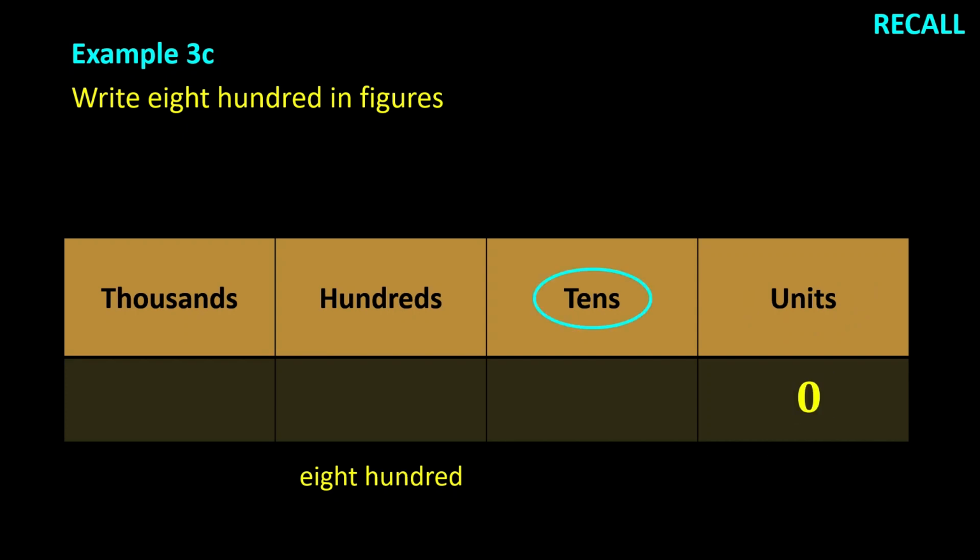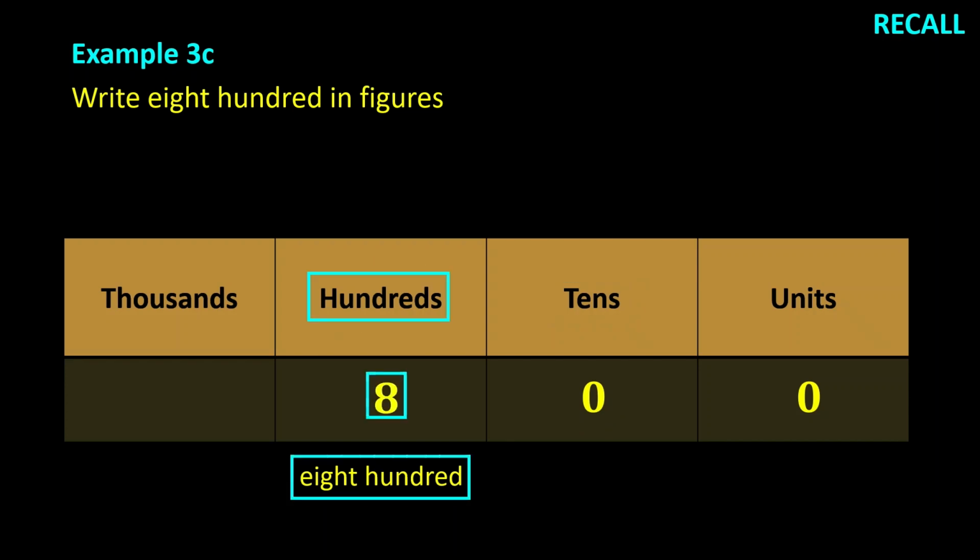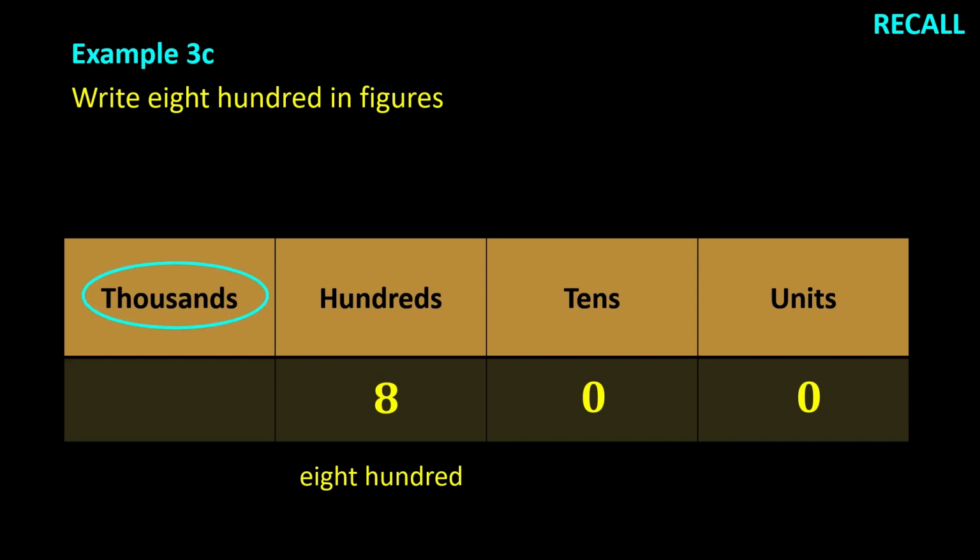So we put 0 in the units column, 0 in the tens column, and 8 in the hundreds column. Since there are no thousands, we put nothing here. And of course, we put nothing in this column because it's the leading digit. And so 800 is expressed as 800.